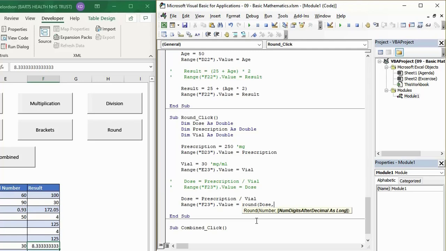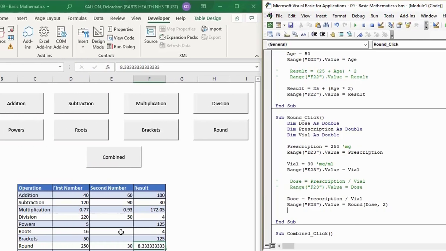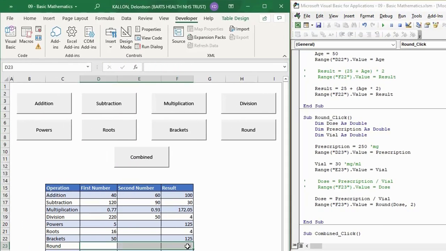We'll put in a comma. The next parameter it's asking for is the number of digits after the decimal. In this case, I just want to display 2 digits. Let's run that code again and see what we get this time. And as you can see, this time it's rounded to just 2 digits after the decimal place.